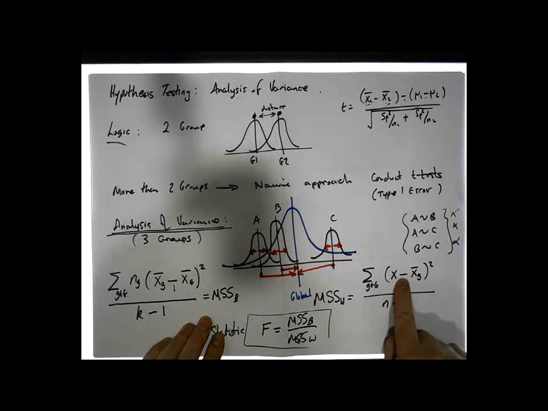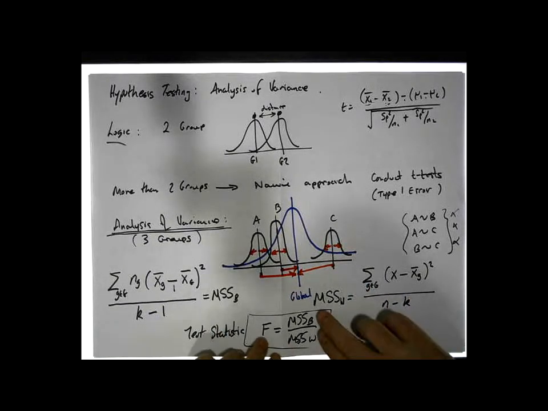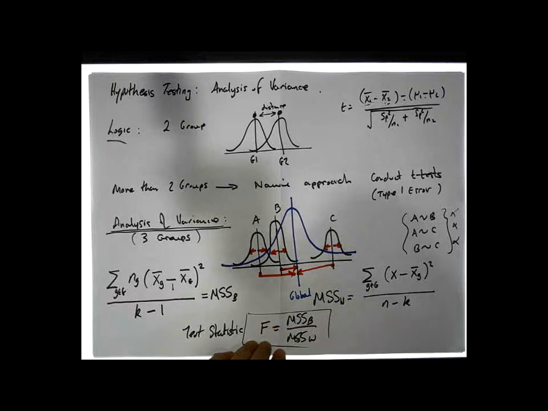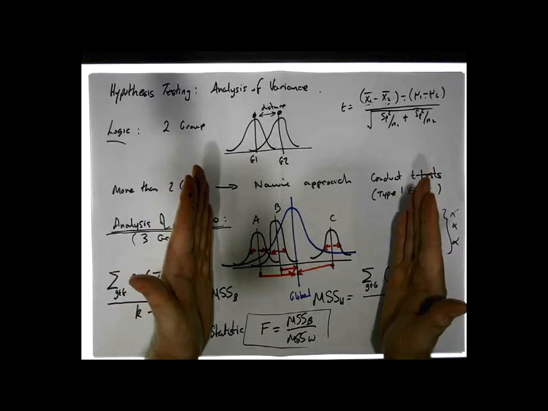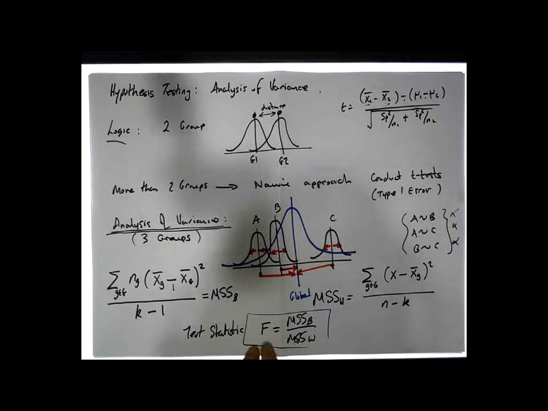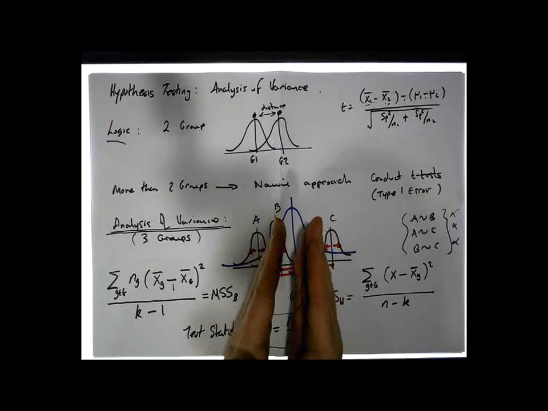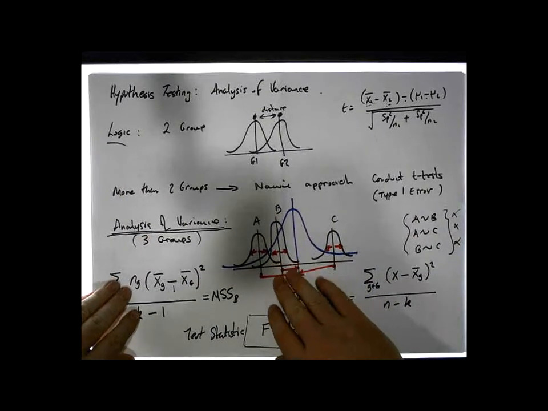There's each observation away from its own mean, which is an individual variance for all the groups. So this is another measure, and then the ratio of these two measures together. If F is big, they're separated and not overlapped by much. If F is small, they could be really tight together with big overlap.